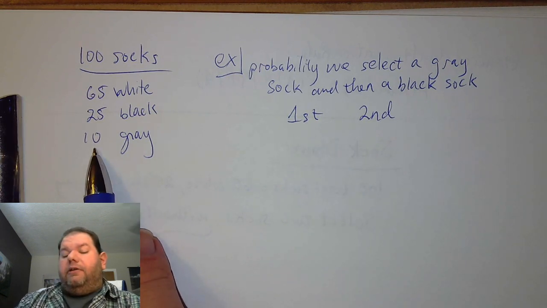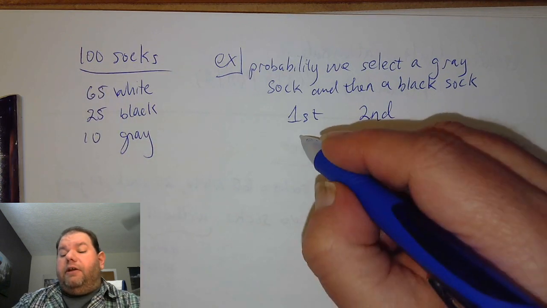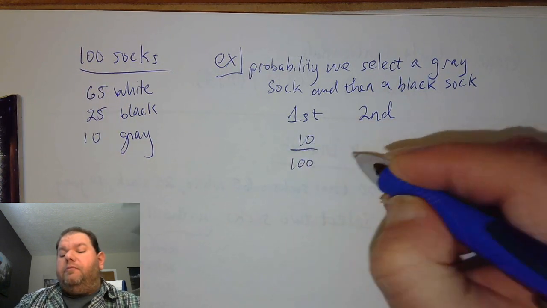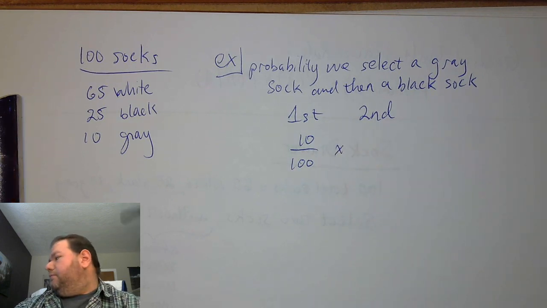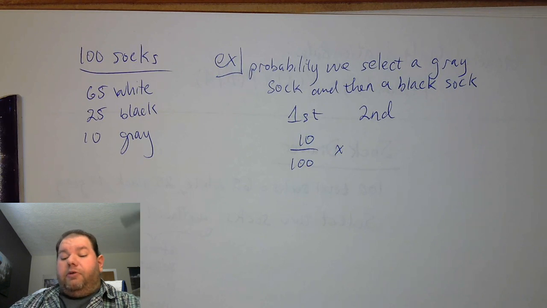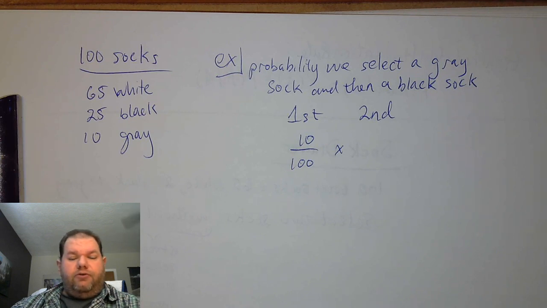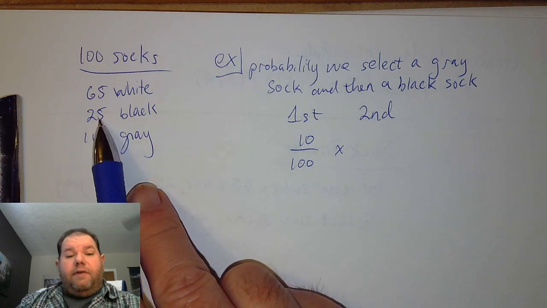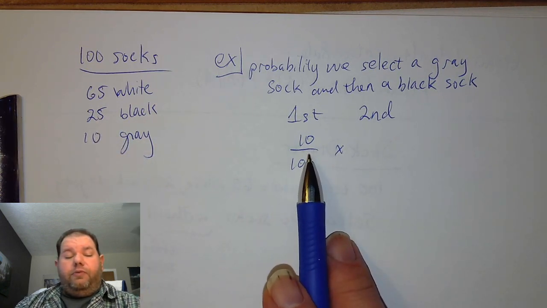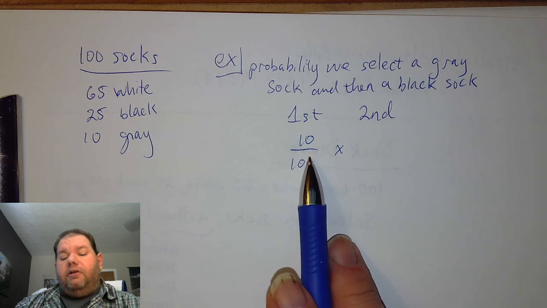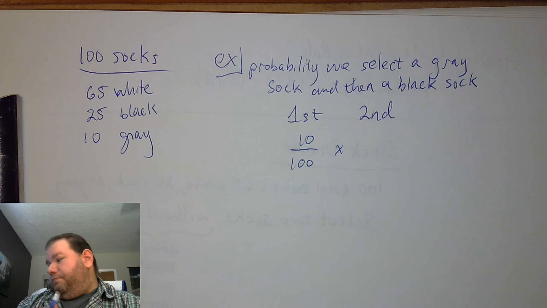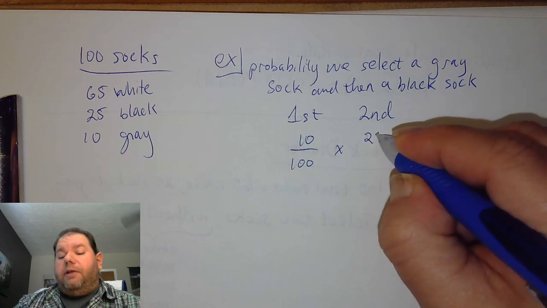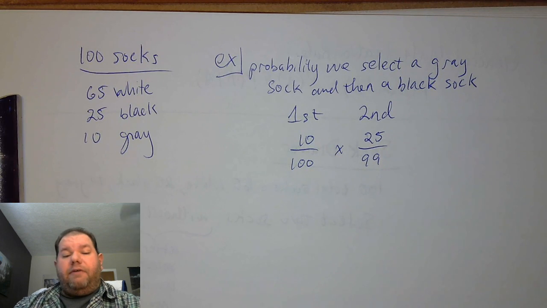We know that we have a 10 out of 100 chance of getting a gray sock. And then we want a black sock on the second draw. Now, we have a few more black socks in the drawer than we do gray. 25 in fact. Now, we've removed the gray sock from the drawer, which means there's 99 socks remaining, but all 25 of the black ones are still in there, so it's 25 out of 99.